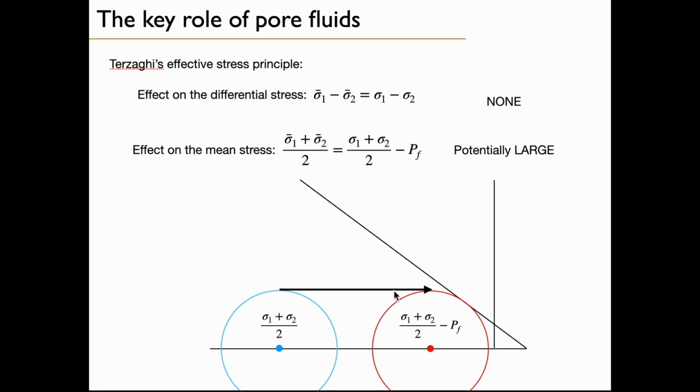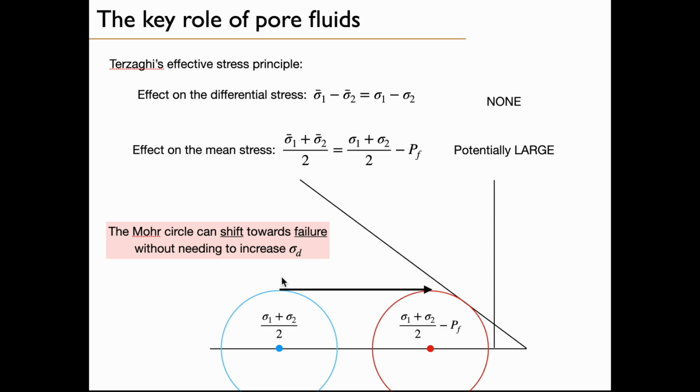So the radius remains the same. So what fluid pressure does is that it will shift the circle towards the yielding line. So it can trigger frictional plastic deformation. The Mohr circle shifts towards the failure line, and it does not increase the differential stress. It only affects the normal stress.